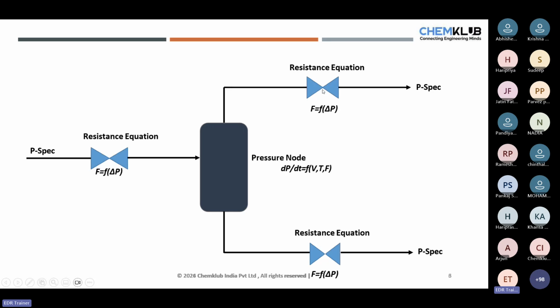Because of the pressure drop that is observed by these vessels and valves, the pressure on the vapor side or on the liquid side will decide how much flow can occur through these streams. So that is the idea.